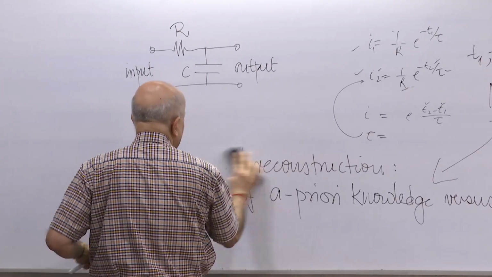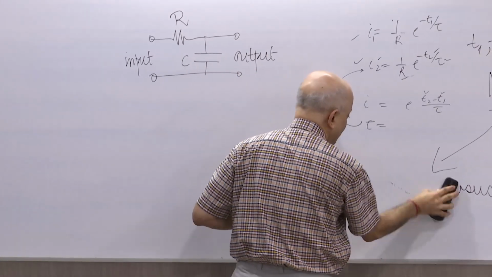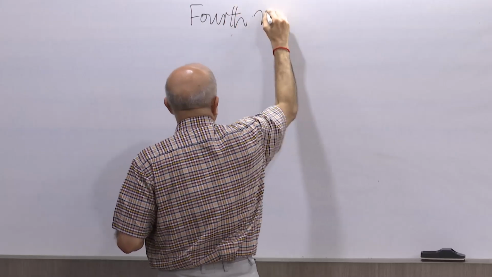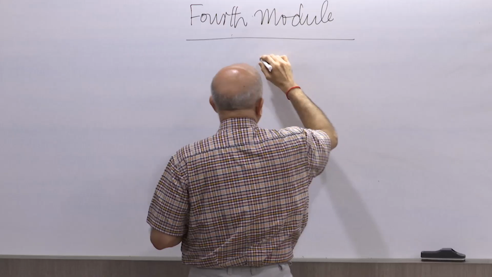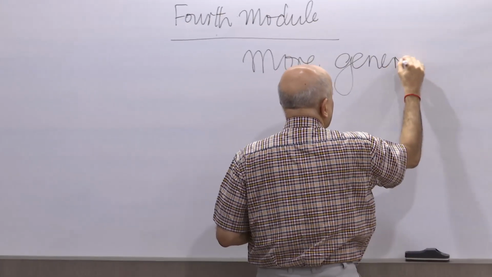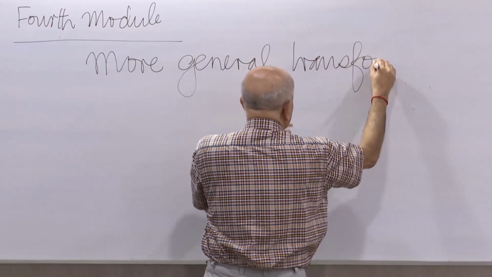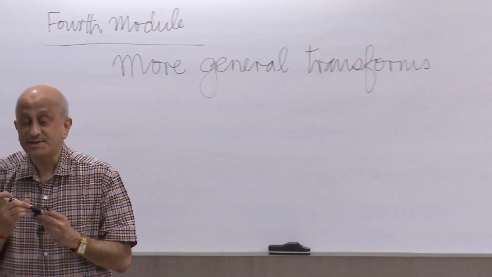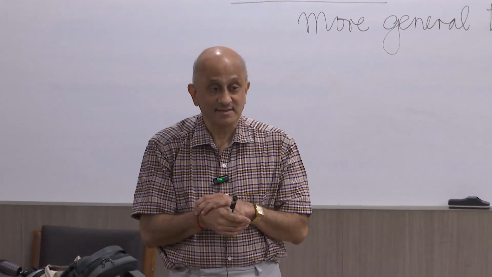Anyway, now we come to the fourth module of this course. We deal with more general transforms. We were looking at the Fourier transform over the past few sessions, isn't it?